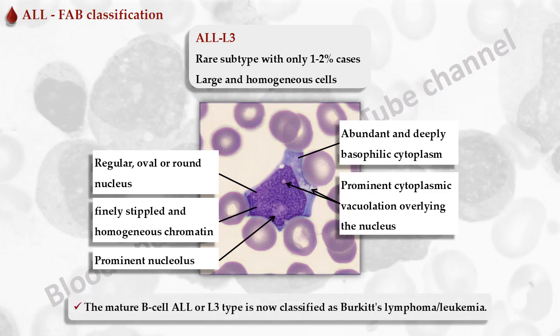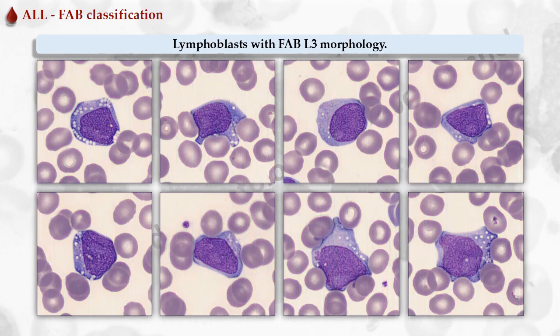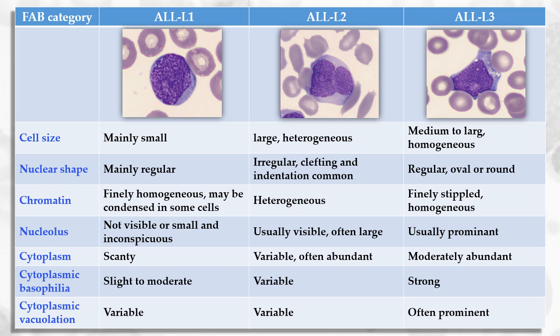The mature B-cell ALL or L3 type is now classified as Burkitt's lymphoma leukemia. Morphological features of ALL subtypes are summarized in the table.